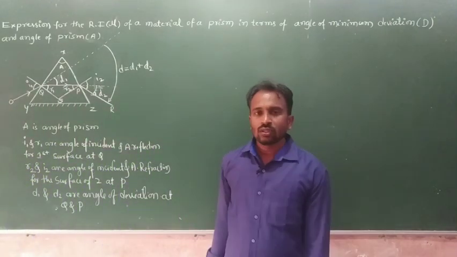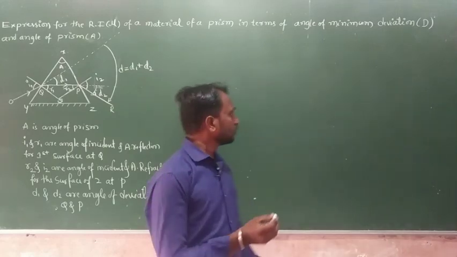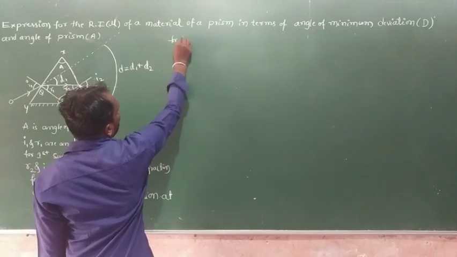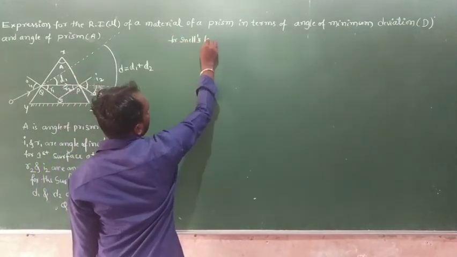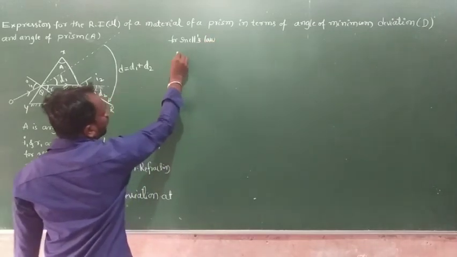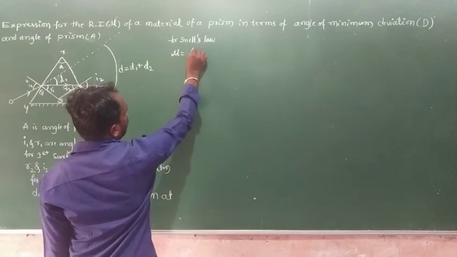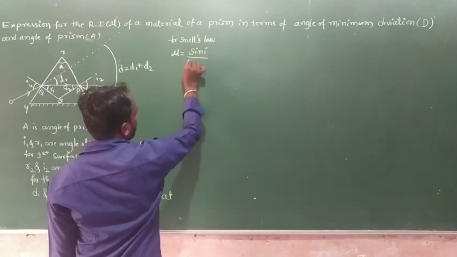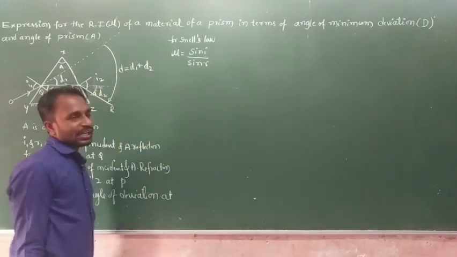Here you already know Snell's law. For Snell's law, the refractive index mu is equal to the sine of the angle of incidence to the sine of the angle of refraction.